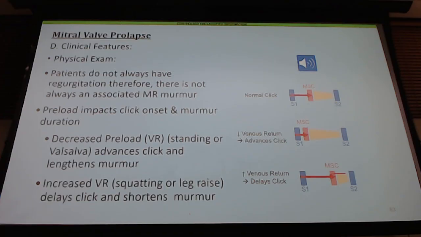Okay? Flip it around, if I decrease my venous return, now that chamber is not going to be as dilated, so the tension on that chordae is not going to be as much. When the ventricle starts to squeeze and I start to have some flow going out through the aorta, or the aortic valve, that tension is going to decrease on my chordae.